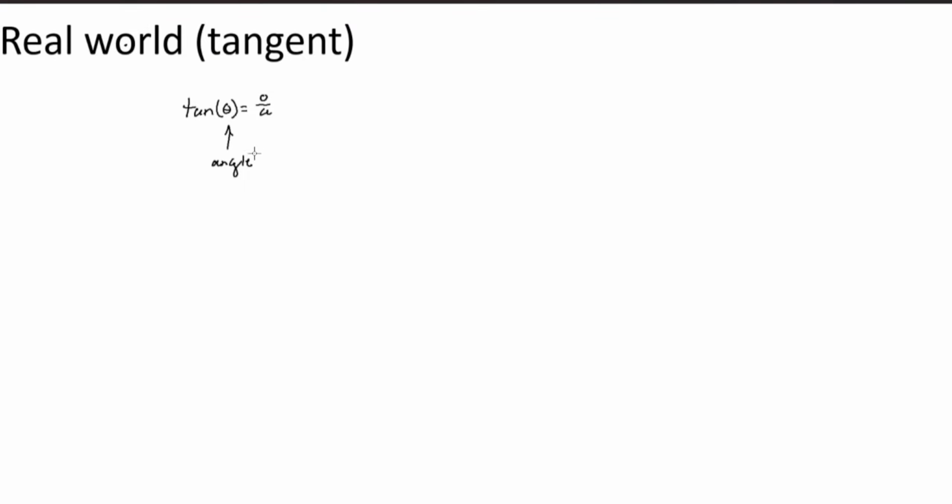So let's get into a more real-world application here for tangent. Let's say you're out on a drive in the forest. Maybe you're taking a big drive in the woods, and there are some decent roads.